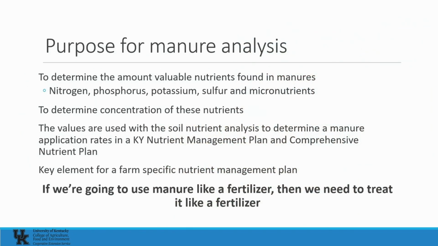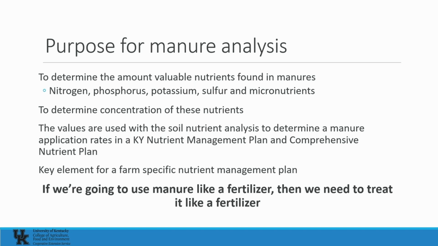So the purpose for analyzing manure: we want to determine the amount of nutrients that are found in the manures on our farm. Those nutrients are basically nitrogen, phosphorus, potassium, sulfur, and some micronutrients, everything that plants need for good growth. We want to determine the concentration of these nutrients.